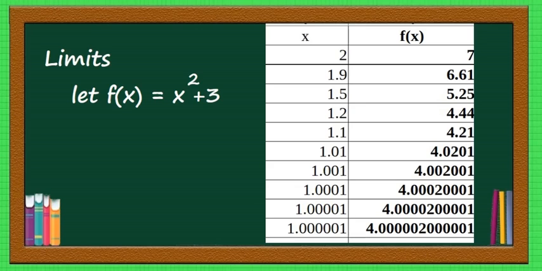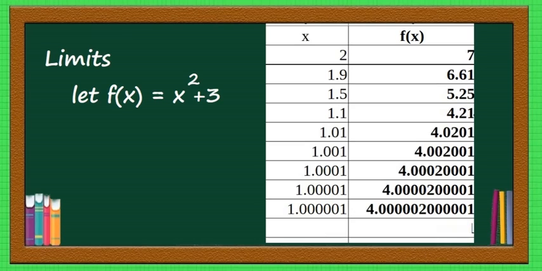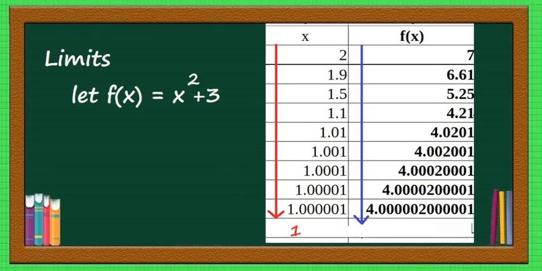As x is approaching 1, where is f of x going towards? Just see here, f of x is approaching the real number 4. And here, x is approaching 1 from the right side of 1.